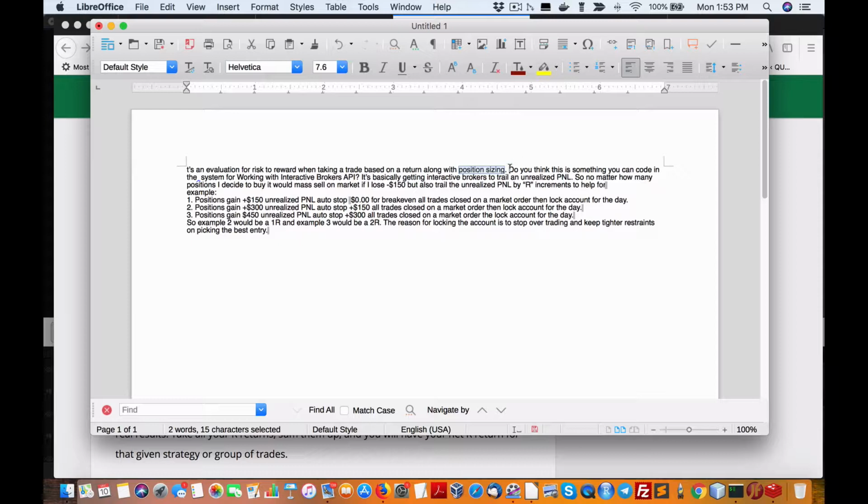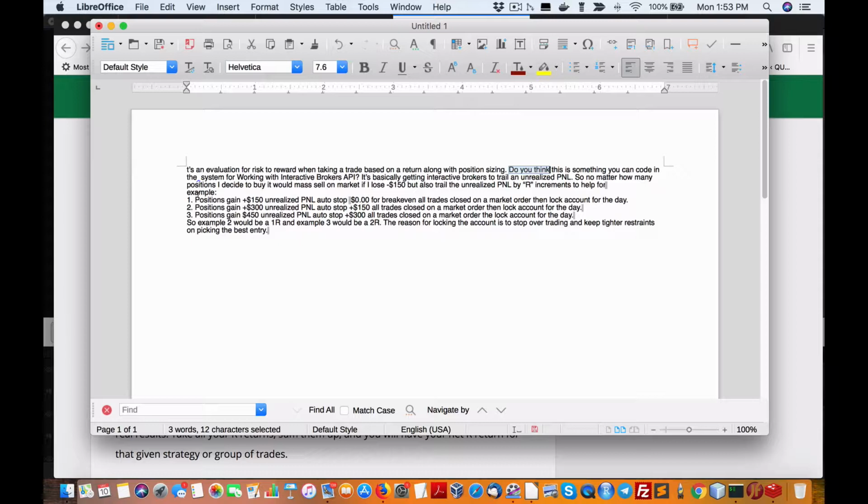So here, continuing along: do you think this is something you can code in the system for working with the Interactive Brokers API? Yeah, I do, but let's talk about what it is. Basically, getting Interactive Brokers to trail an unrealized P&L. No matter how many positions I decide to buy, it would mass sell on market if I lose negative 150, but also trail the unrealized P&L by R increments.